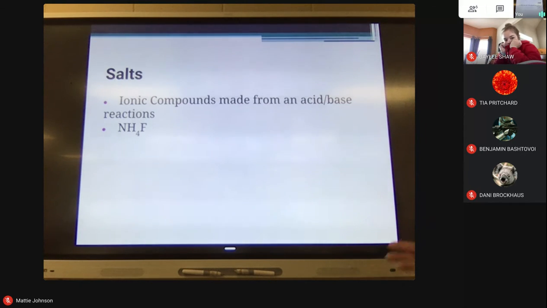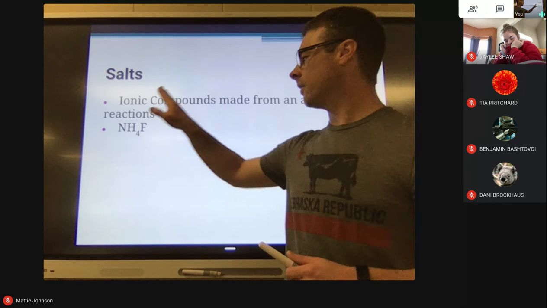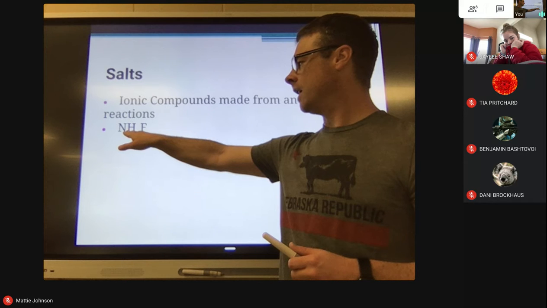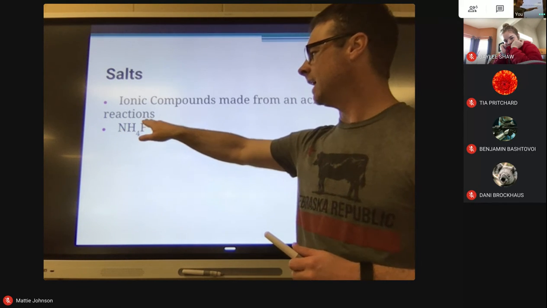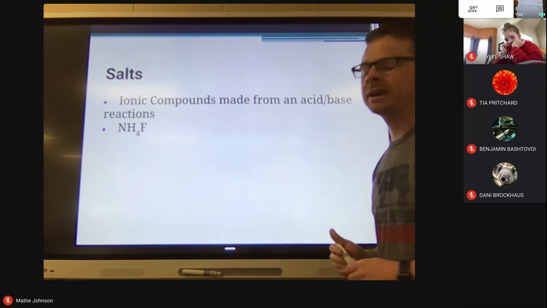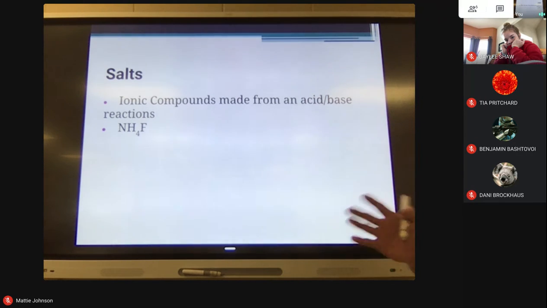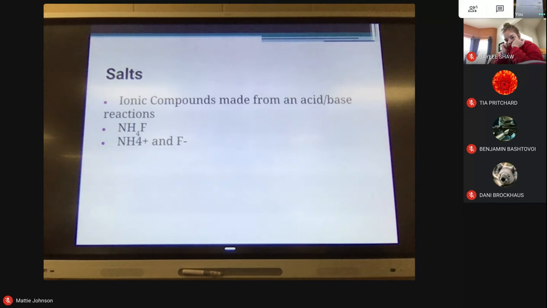Going back to what we did last week, the positive ion can mess with the pH because it's the conjugate of a weak base, and the negative ion can mess with the pH because it's the conjugate of a weak acid. I'm going to show you eventually how to figure out whether that is an acid or a base. So NH4+ and F- are the ions that make up this salt.